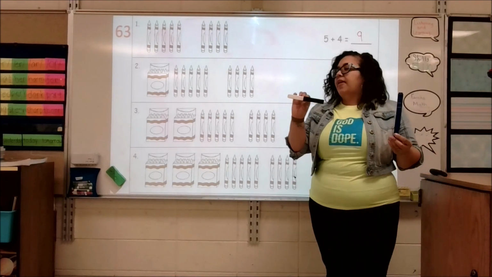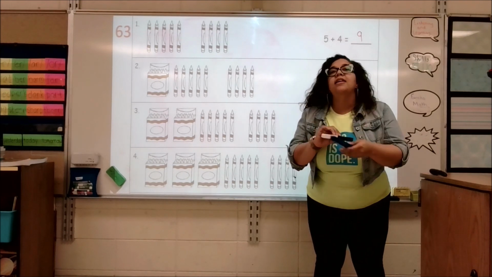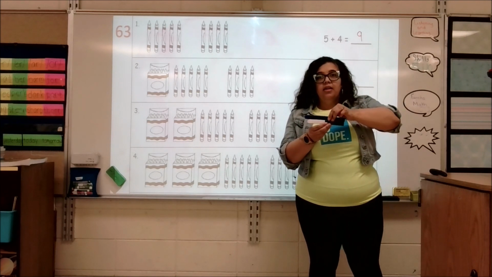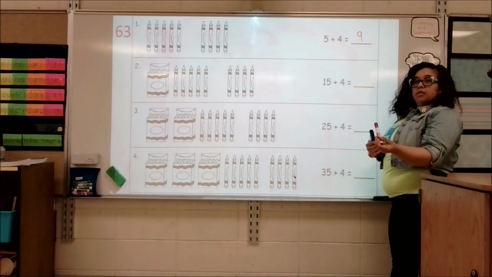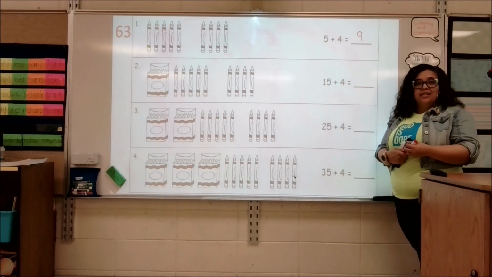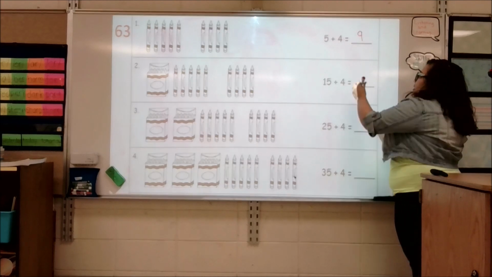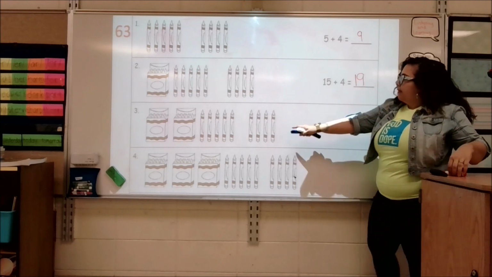What happens instead of 5, I have 15? My answer goes up by a group of 10. So instead of 9, I now have 19. So that means 15 and 4 is 19. Good.